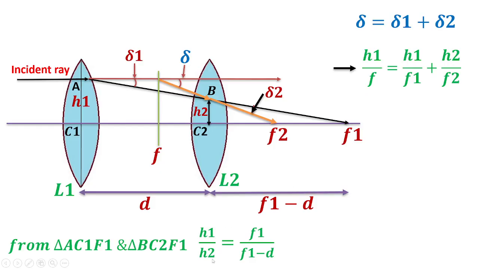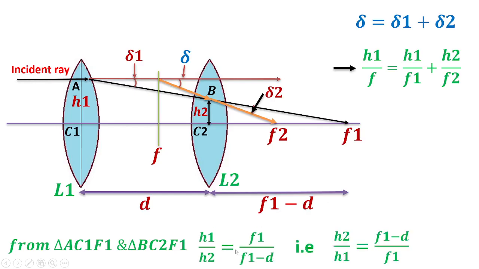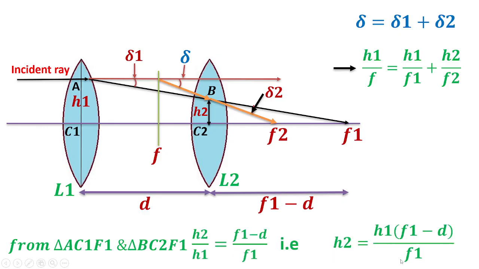we have h1 divided by h2 is equal to f1 divided by f1 minus d. That is, h2 divided by h1 is equal to f1 minus d divided by f1. So from this, h2 is equal to h1 into bracket f1 minus d divided by f1. This value of h2 is to be put in this equation.